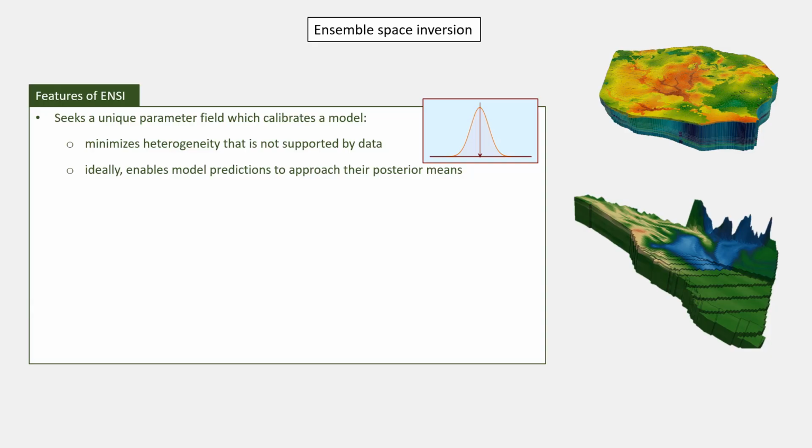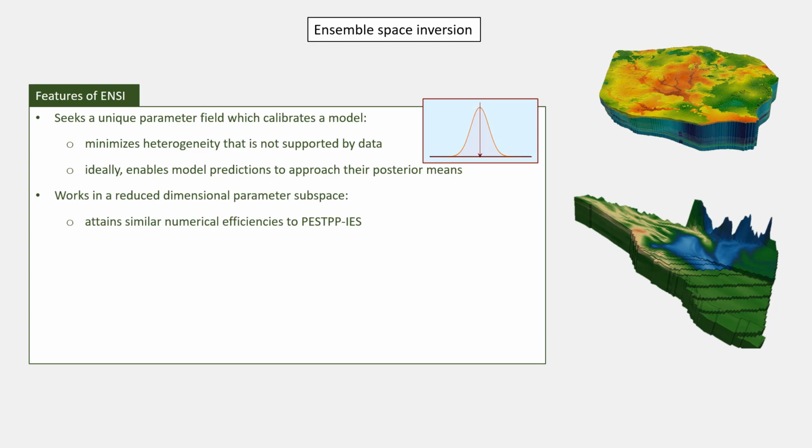Firstly, by using ensemble space inversion, we are calibrating the model. We are seeking uniqueness. We are undertaking regularized inversion. We're seeking a minimum error variance parameter field that allows our models to make predictions that lie somewhere near the centers of their posterior probability distributions.